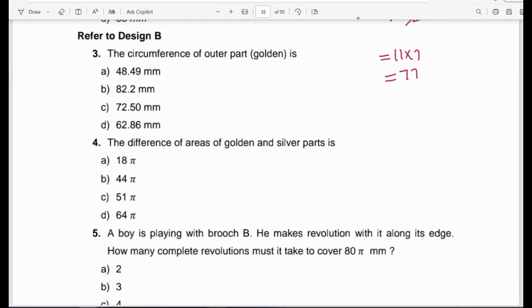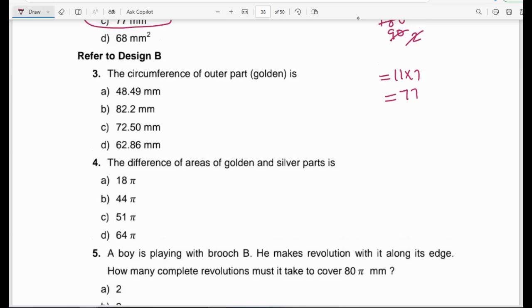Then moving on with the next one. Refer to design B and answer the following. The circumference of the outer part, gold, is how much?